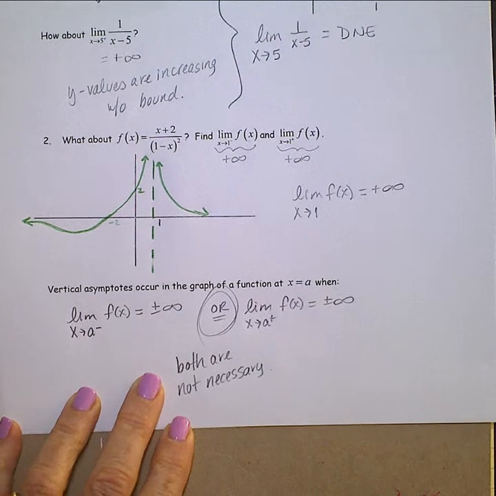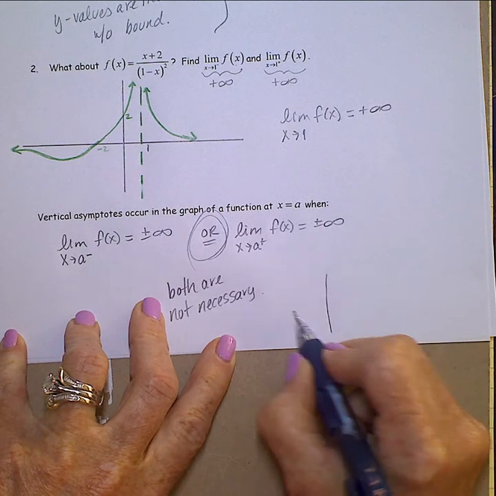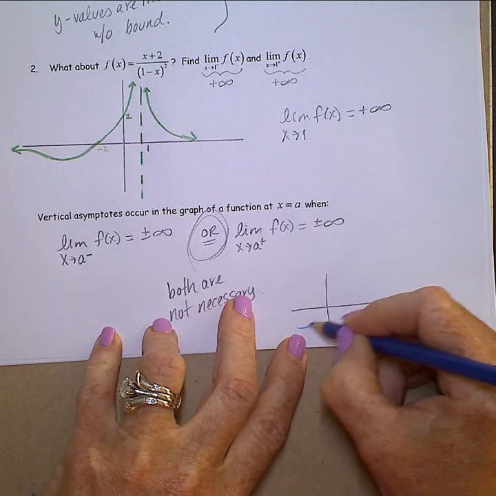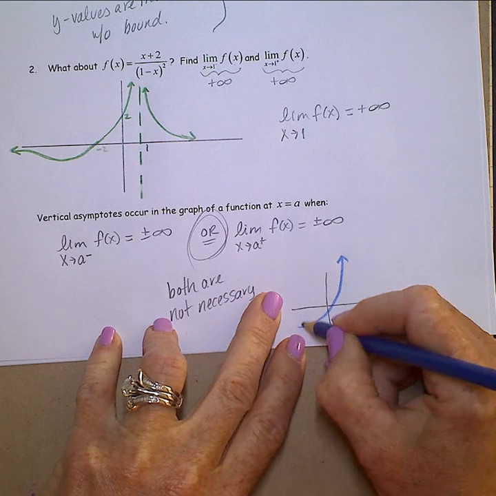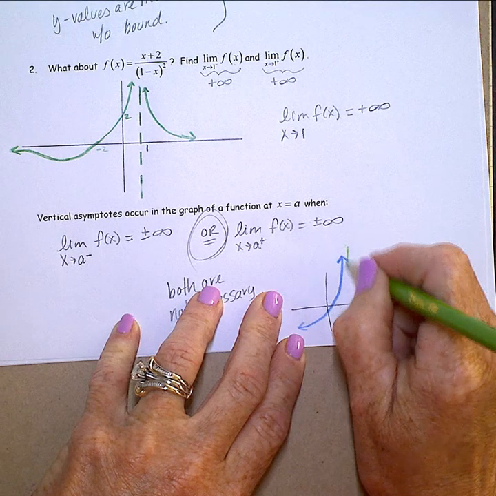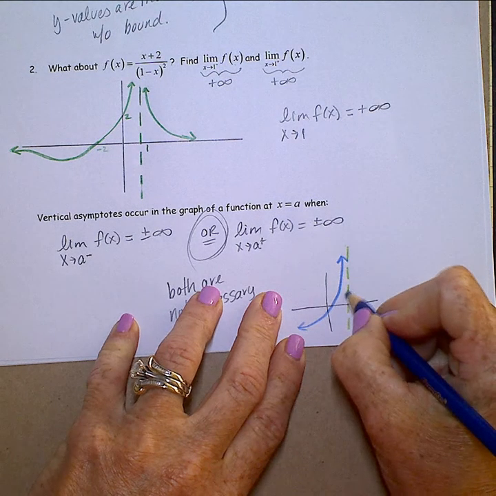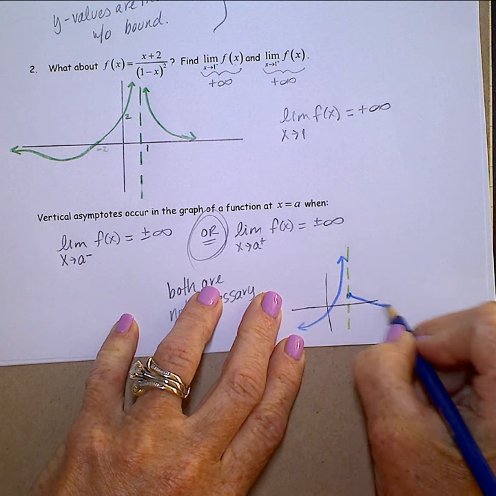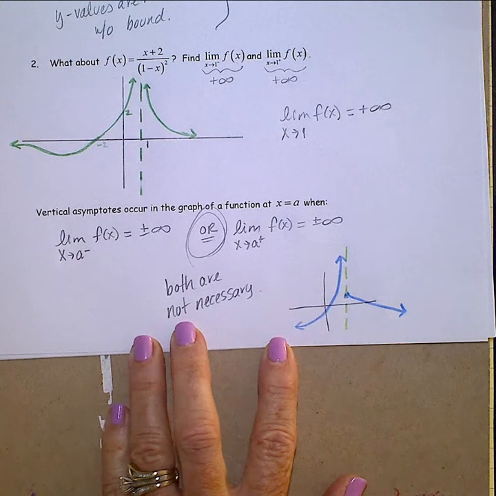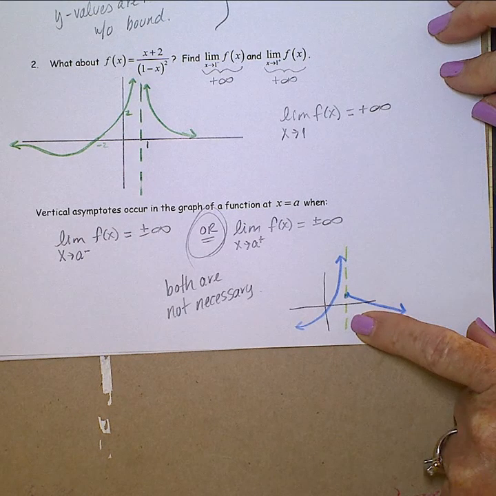All that's necessary for a vertical asymptote is 1. For example, you could have something that looks like this. In that graph, there is a vertical asymptote at that particular value, whatever it is.